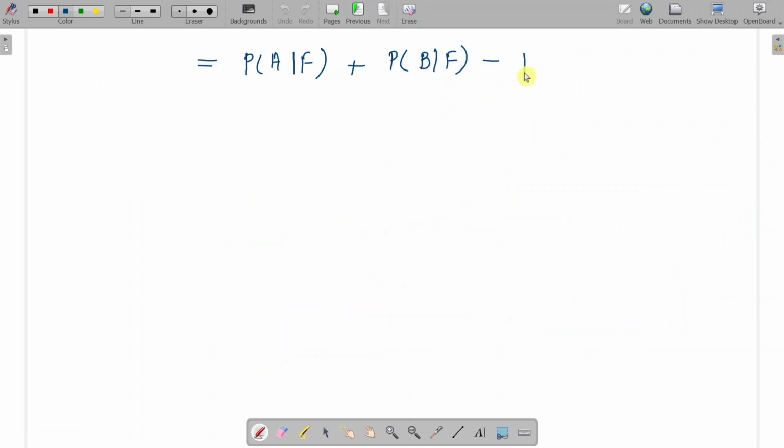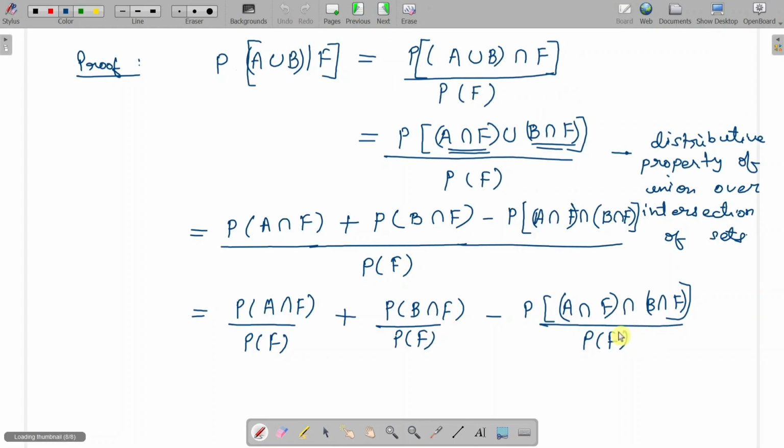So probability of A, right, all the operations of sets are intersection here, you can see.